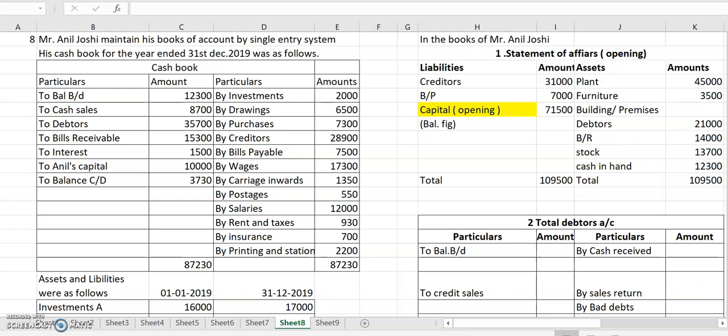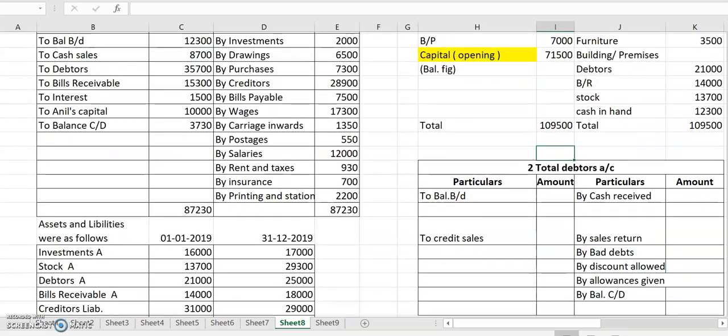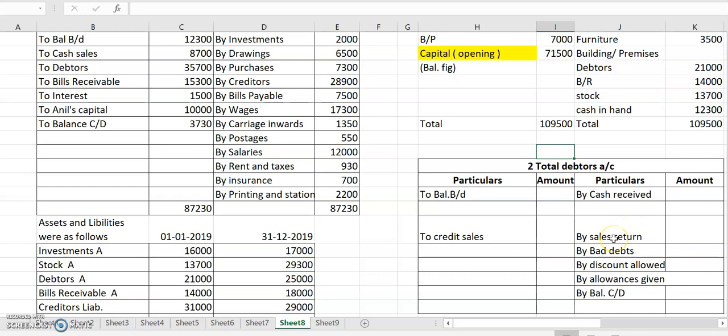Now we move towards the next account, that is the total debtors account. You will find some headings here, but there are some headings which are not recorded, and in this question they are not presented. So we will just discuss whatever is present in your question.